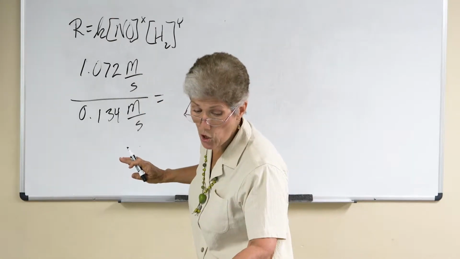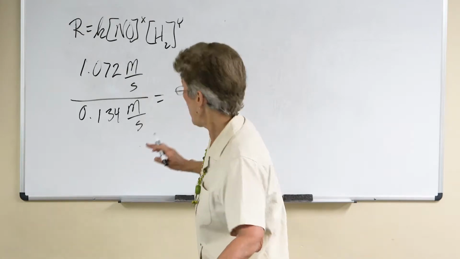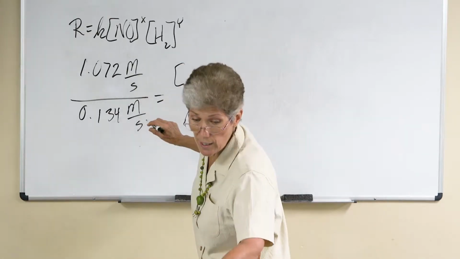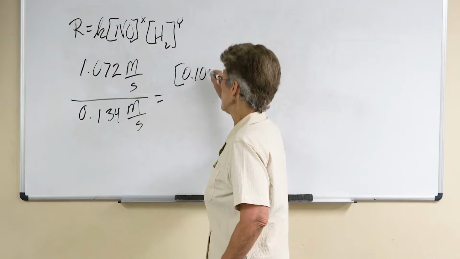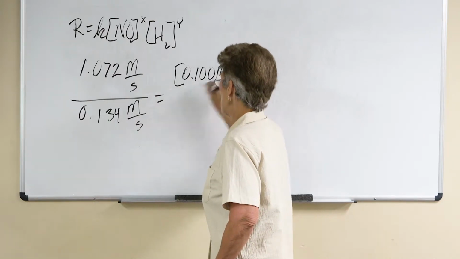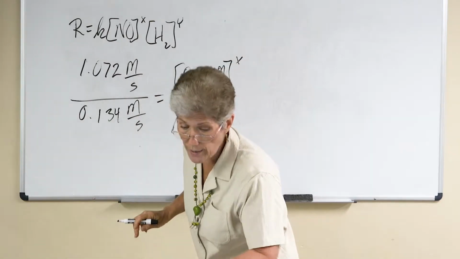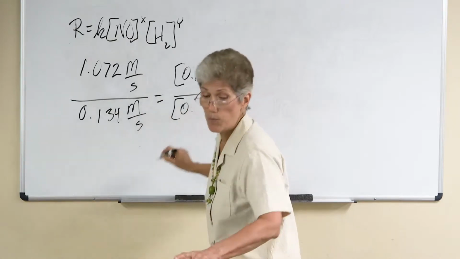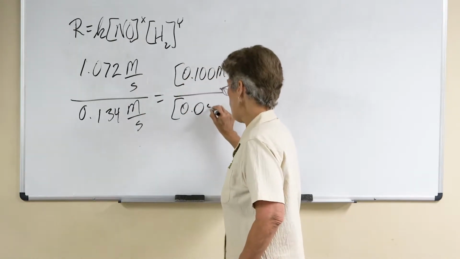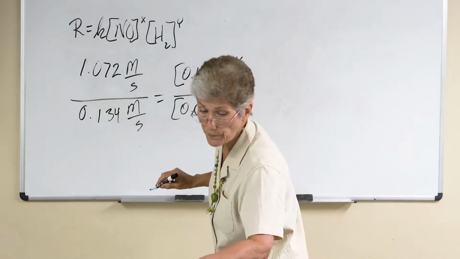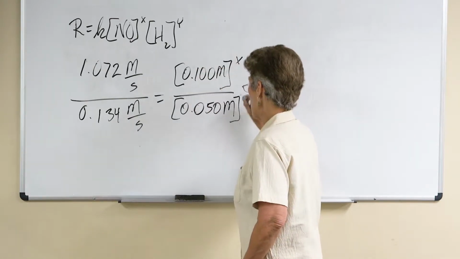So now I can go to trial 3 for NO, and its concentration is 0.100 molar to the X power. And then trial 1, it's 0.050 molar to the X power.